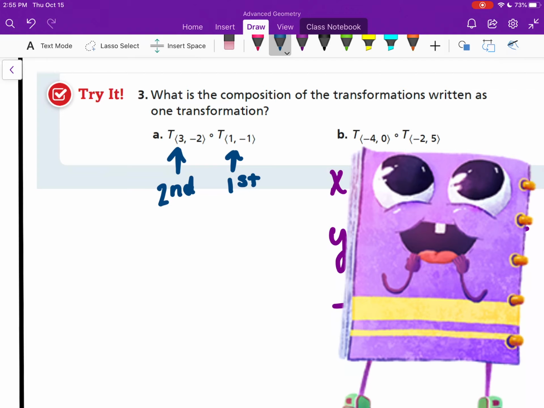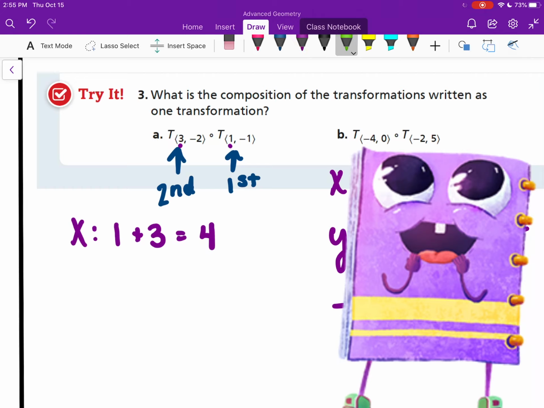So we're going to look at our x motion and then our y motion. So for our x, it says 1. So wherever we start, we'd add 1, and then we'd add 3. So that's just a movement of 1 plus 3, which means that x is going to move 4 units.